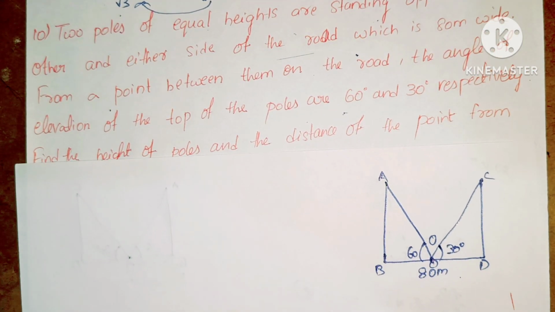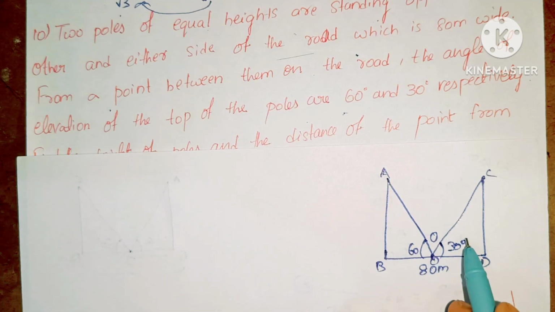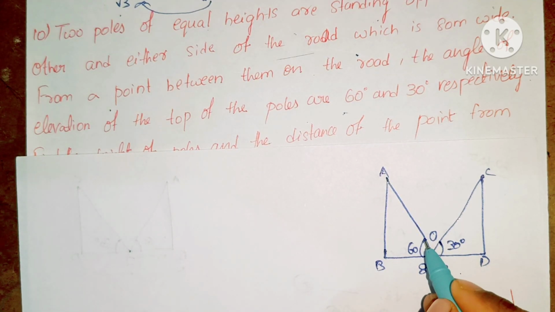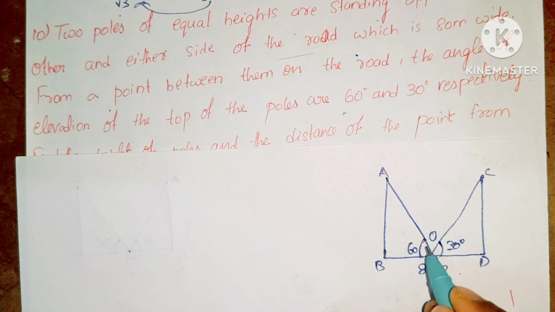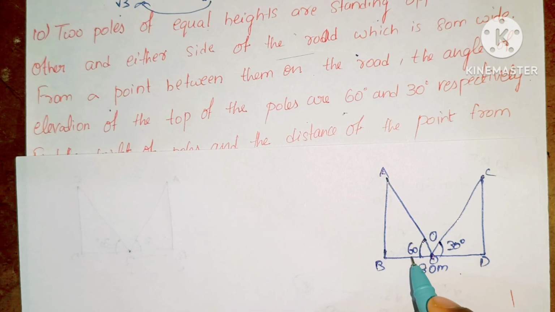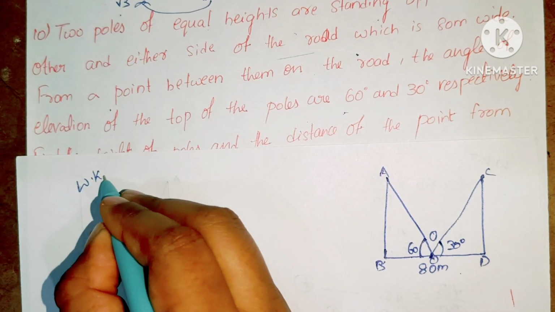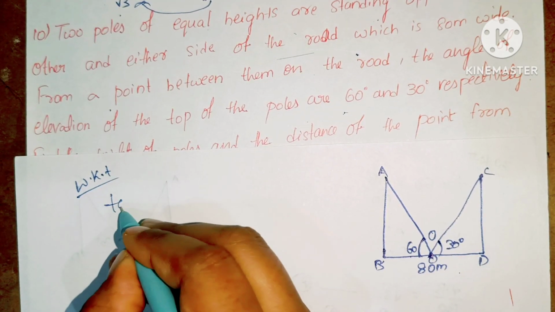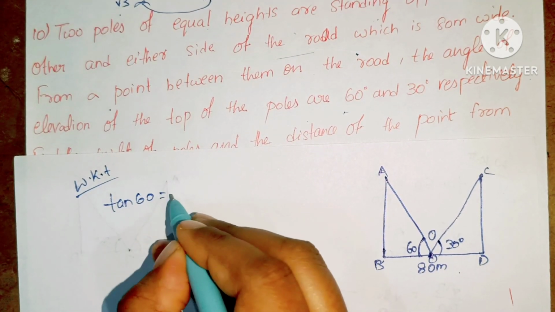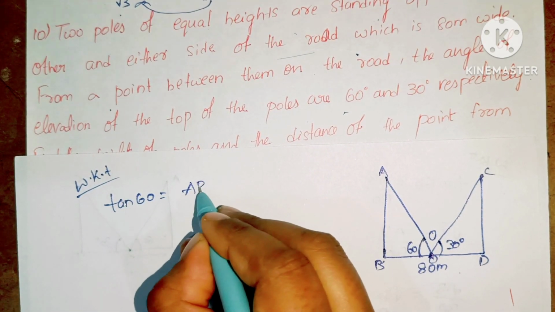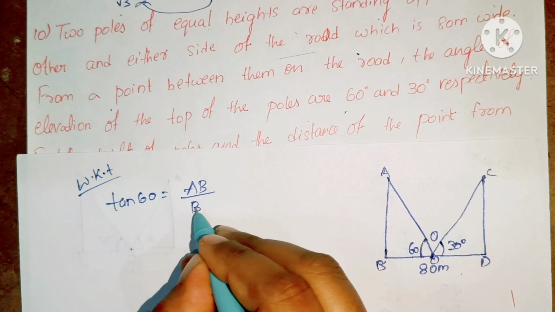So you have here two right angle triangles. First let us take this triangle. One angle you have is 60. Okay, you have to find the height of the pole, which is the opposite side, and also the adjacent side. So we know that tan 60 equal to AB by BO.